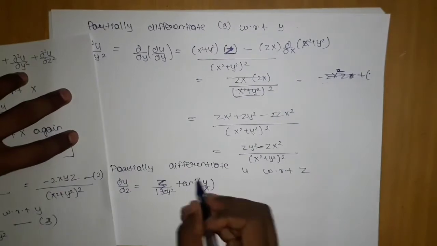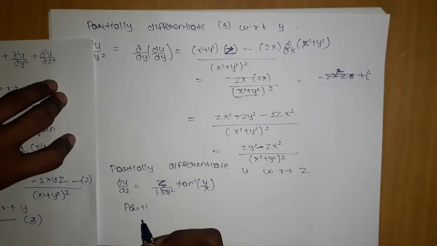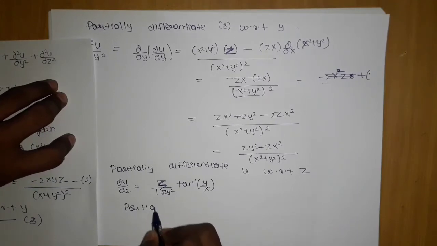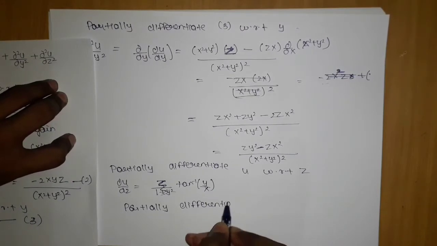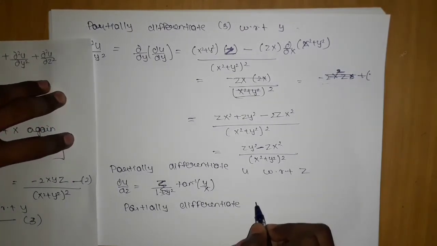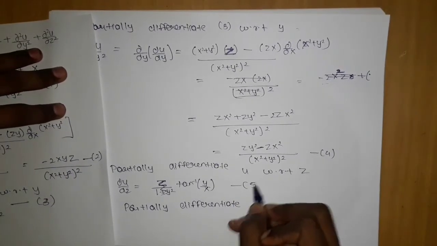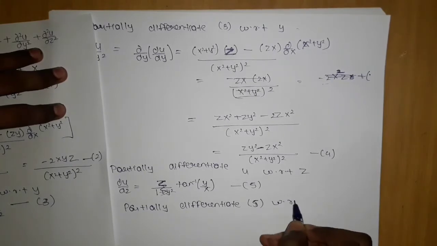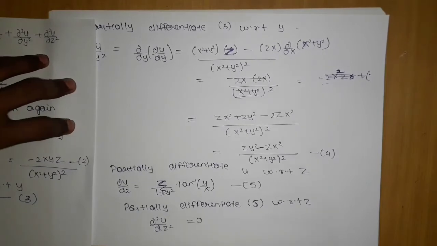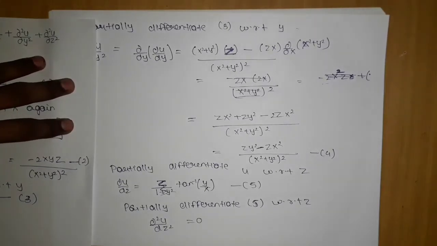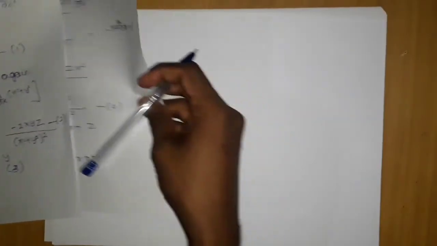After differentiation you will be left with tan inverse y by x, and in the next step, when you partially differentiate it again, partially differentiate what? I will call it 4, I will call it 5, with respect to z. This is going to become 0, right? Now we are done with all the three things, and we are going to add them.